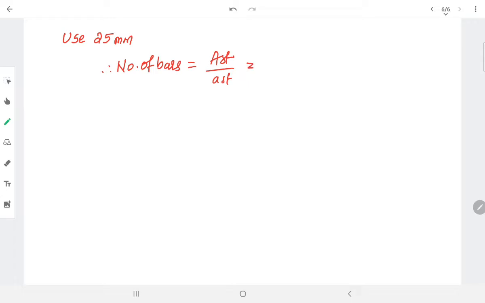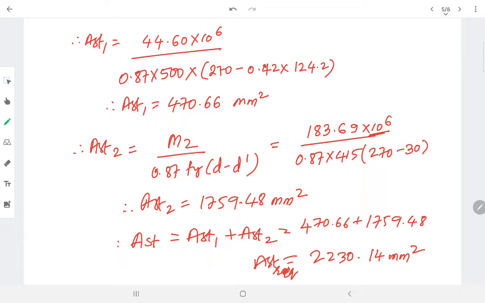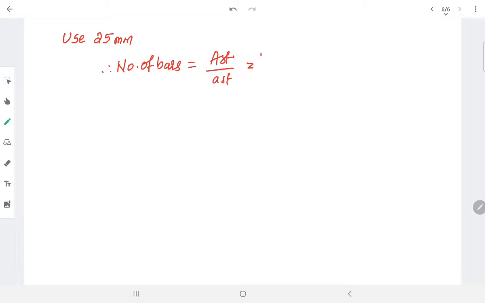Capital AST is 2230.14 divided by small ast, the area of a 25 mm bar. When you solve this, you will get around 4.54 numbers. Rounding off, I will make it 5 numbers.